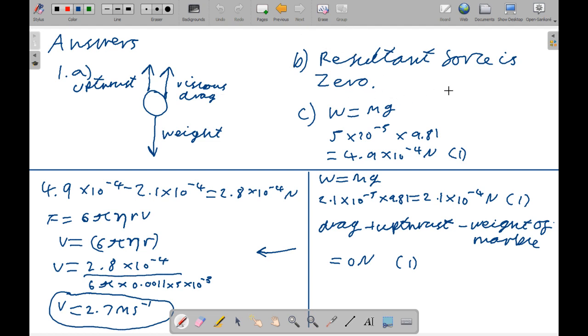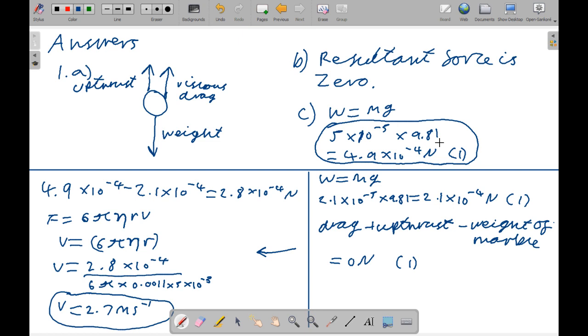For B, the resultant force is 0, where W equals mg, 5 times 10 to the minus 5 times 9.81, which is equal to 4.9 times 10 to the minus 4 newtons. So now we're going on to the gnarly bit, finding the velocity.